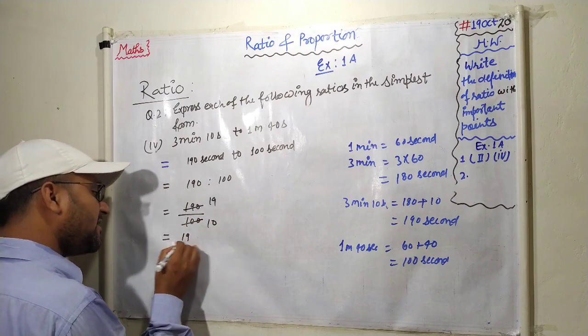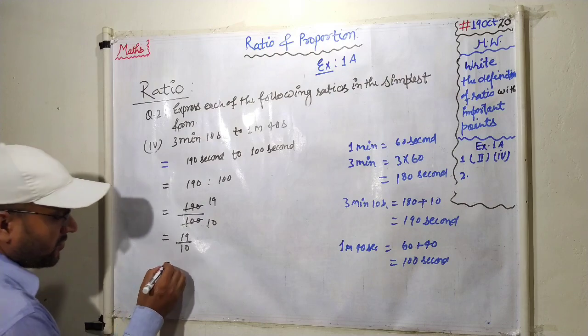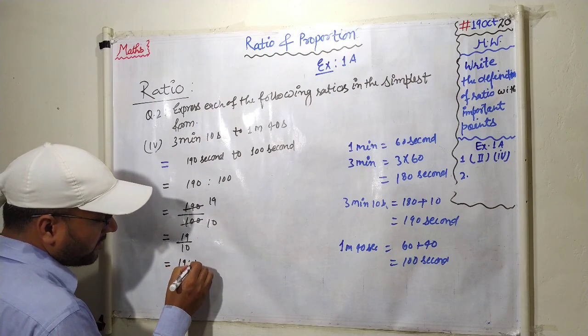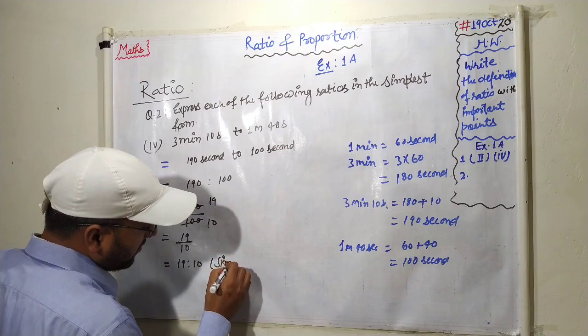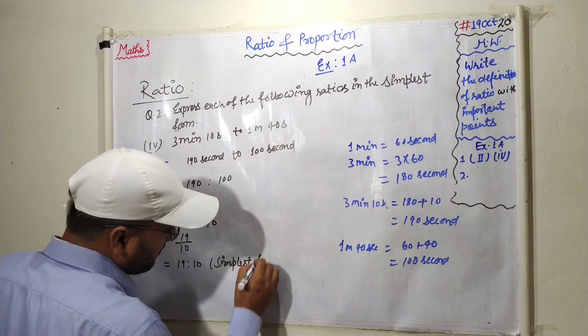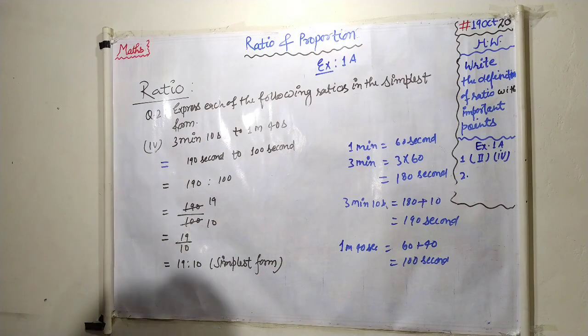You will get 19 upon 10, and I think it is not cancelled by any other same number. So this is your simplest form of the given ratio. 19 ratio 10 is the simplest form of the ratio. Okay students, so this is the solution of the fourth question.